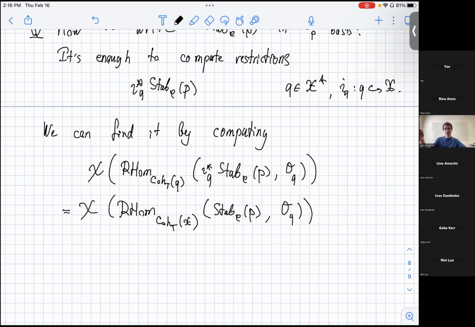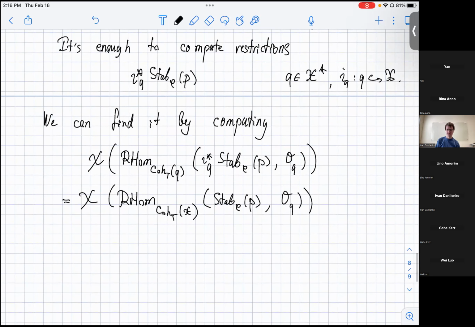So if we know how to compute R Homs in the category, we will be done. It doesn't look like a simpler task, surely, but we will see that after mirror symmetry, we can compute them more effectively. Well, then you should explain what you mean by mirror symmetry. Yeah, we're going there.